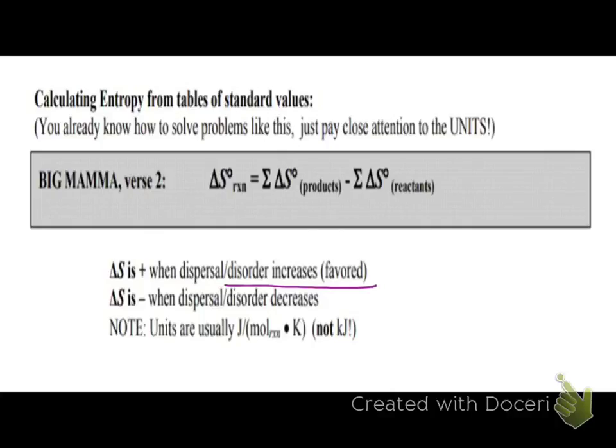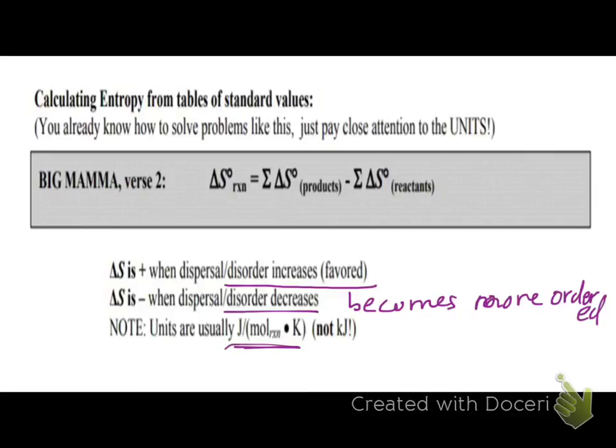And when delta S is negative, that is when disorder decreases or becomes more ordered. Order is just a lack of disorder, but sometimes people get that backwards in their brain. And then our units are joules, not kilojoules. So we just need to be mindful of that.